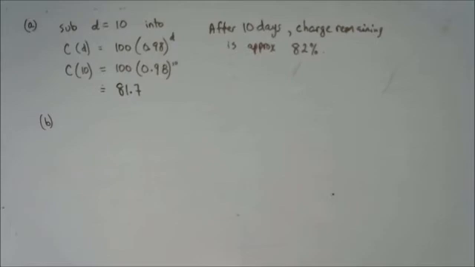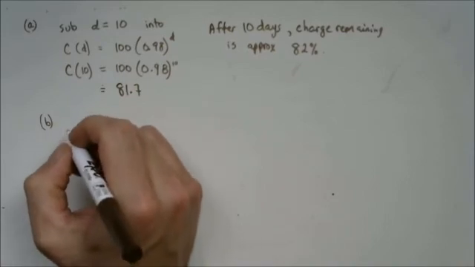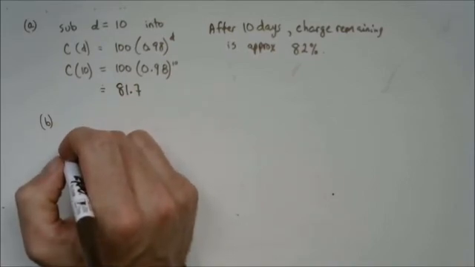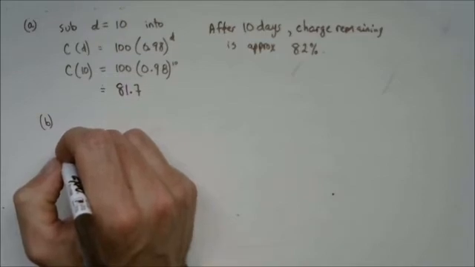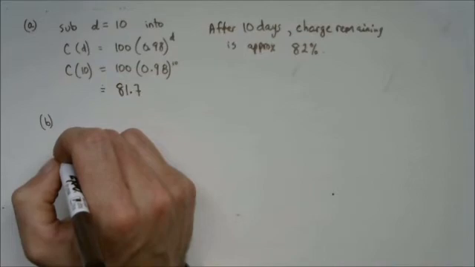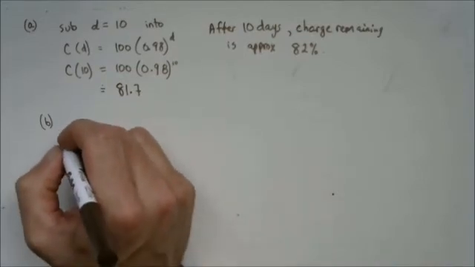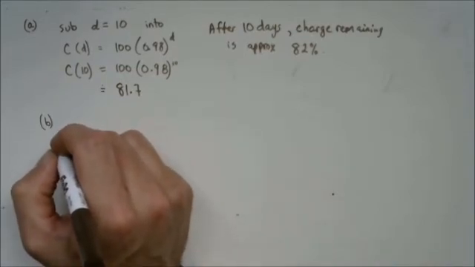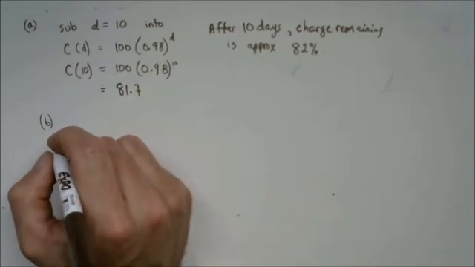A certain bacterial culture starts with 200 bacteria. It doubles every hour. Its growth can be modeled by the function n of t equals 200 times 2 to the power of t, where t is the time in hours, n is the number of bacteria. How many bacteria are there after 10 hours? Again, we just take the value that they've given us, which is t equals 10.